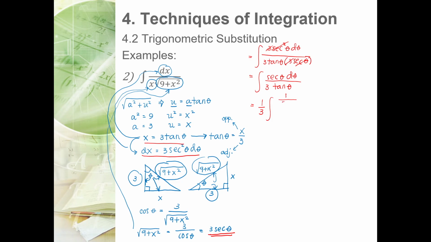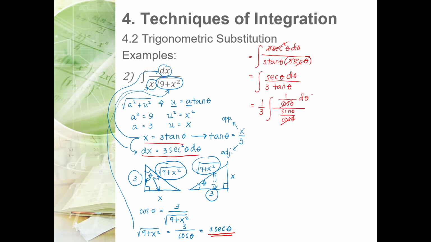So secant theta is 1 all over cosine theta, and then tangent theta is sine theta all over cosine theta. So this one is d theta in the numerator. So notice that we can cancel out the cosine theta.